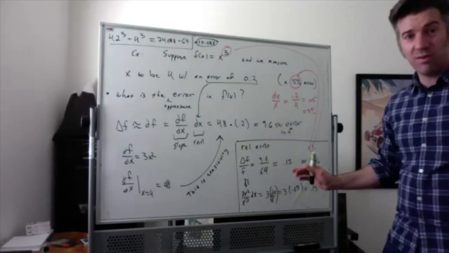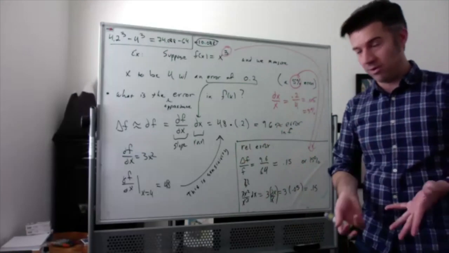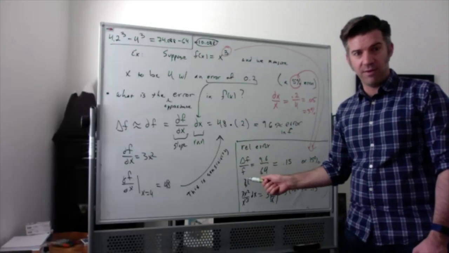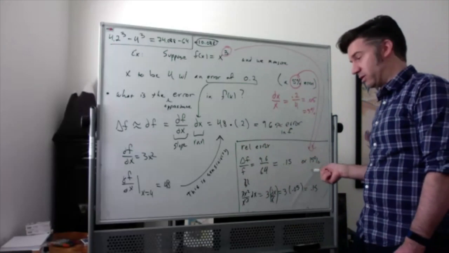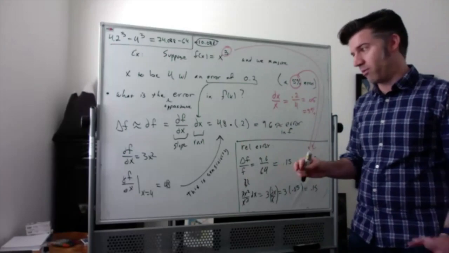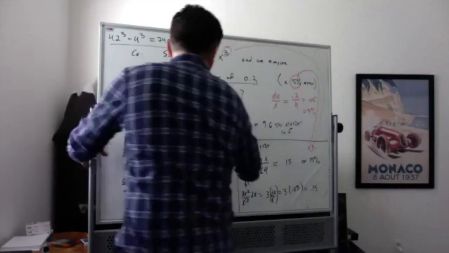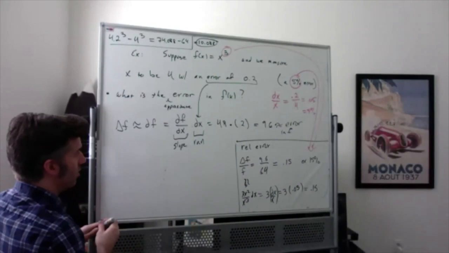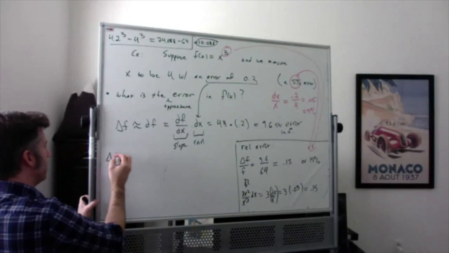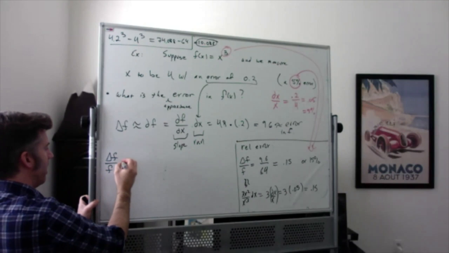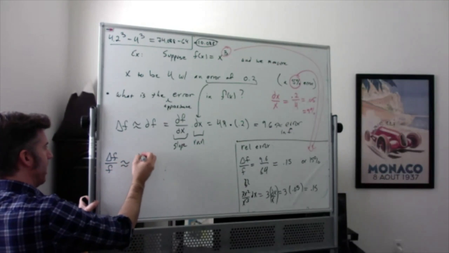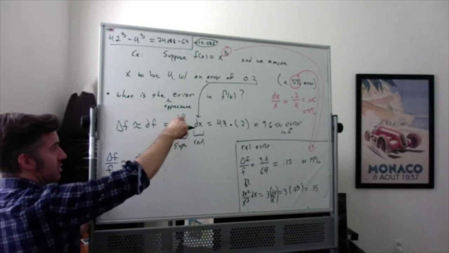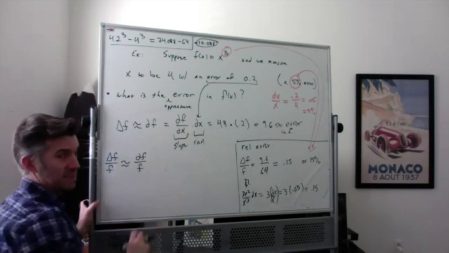And here's where I want to show you how the math is really working out. So instead of just finding the numbers for delta f and f and plugging them in and getting 0.15, which is 15%, let's calculate delta f more mathematically. So again, delta f over f, I'm going to approximate by df over f. df is the derivative times dx.